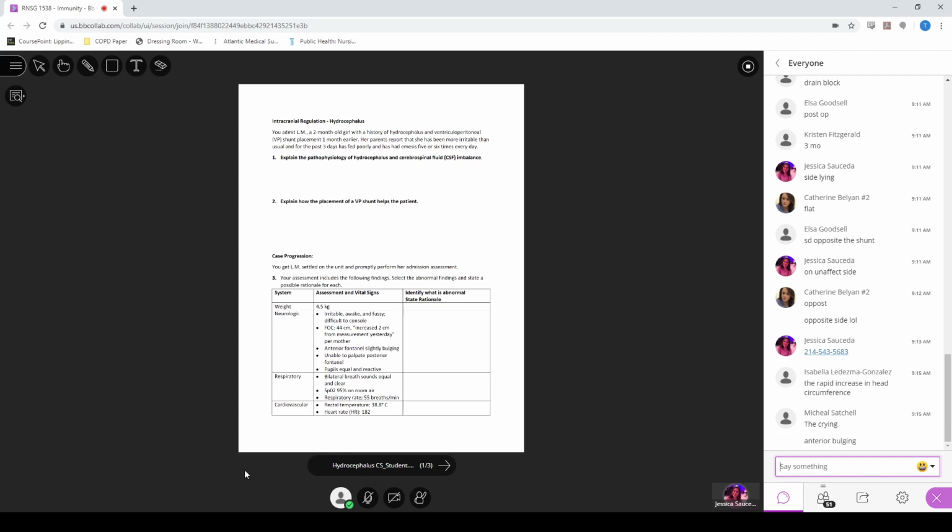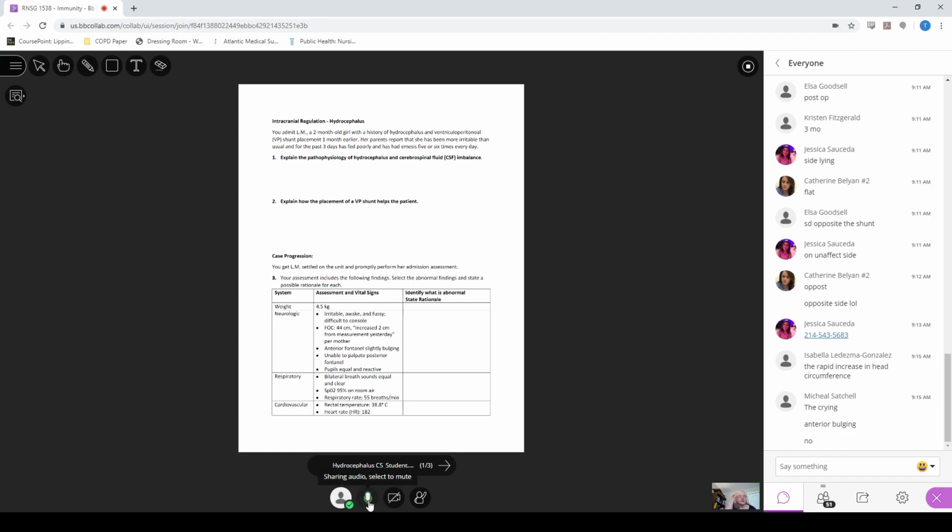Excellent. And the fontanelle? You're looking at what is a deviation from normal. That slightly bulging fontanelle is not a normal finding, right? Correct. Should we be able to palpate the posterior fontanelle? This baby is 2 months old. Yes, you should be.